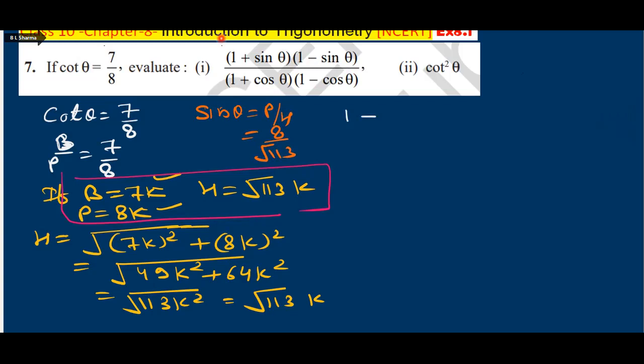See here, perpendicular is 8k and hypotenuse is square root of 113k, and cos theta is base upon hypotenuse. Base here is 7k and hypotenuse is square root of 113k. k and k cancel, that is 7 upon square root of 113.